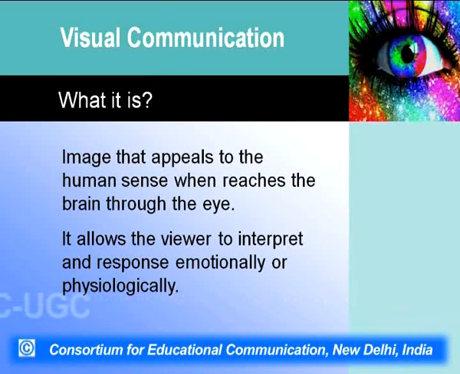So the image is visible to the human eyes, it reaches us, and it is the brain which will process it to understand the visuals. Naturally, when the visuals enter your brain, it will interpret them as per the viewer's ability to interpret, and responds emotionally and physiologically.